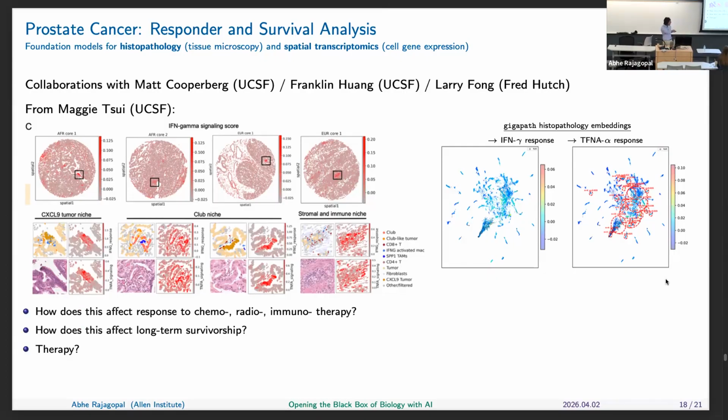The question that we have, and this is ongoing work, is how does the presence of this signal, or the fact that you're in these different subtypes, affect a patient's response to therapy? It could be chemotherapy, radiotherapy, immunotherapy. And importantly, how does that affect their long-term survivorship, whether their cancer relapses?